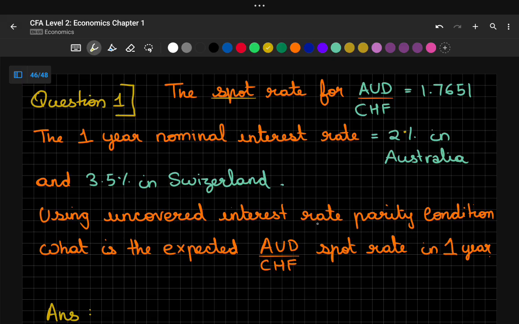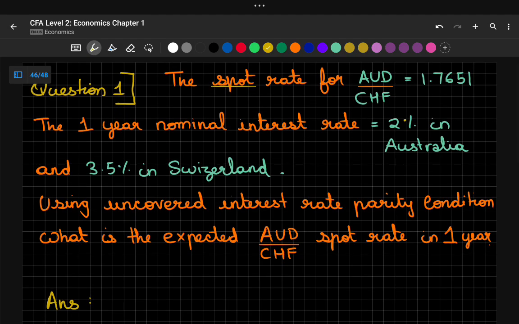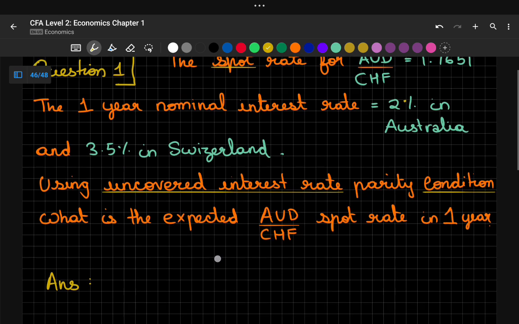Using uncovered interest rate parity condition, what is the expected AUD to Swiss franc spot rate in 1 year? Okay, so they have given us the current spot exchange rate. They have also given us the interest rate for both the currencies. We have to calculate using the uncovered interest rate parity condition.